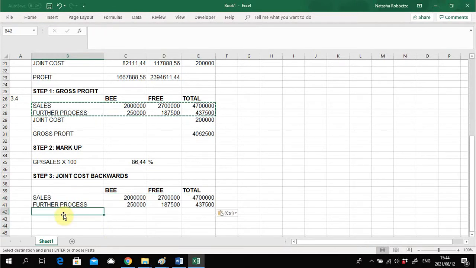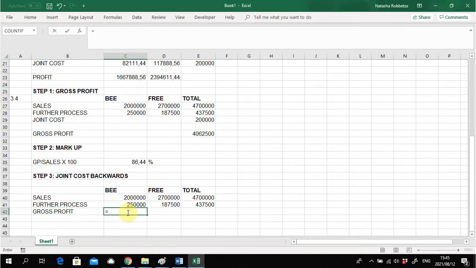Right, so then we need to go and calculate our gross profit. Our gross profit is 86.44% of the sales. So it's the sales times 0.8644.